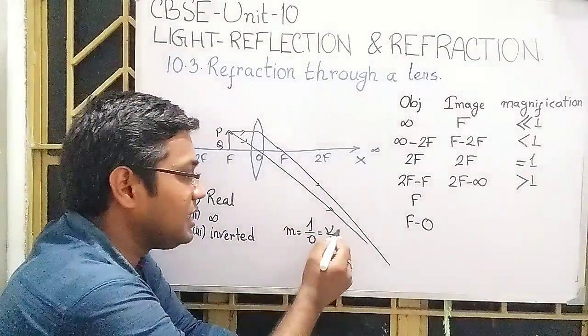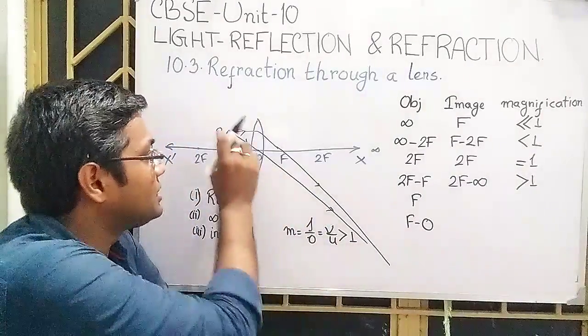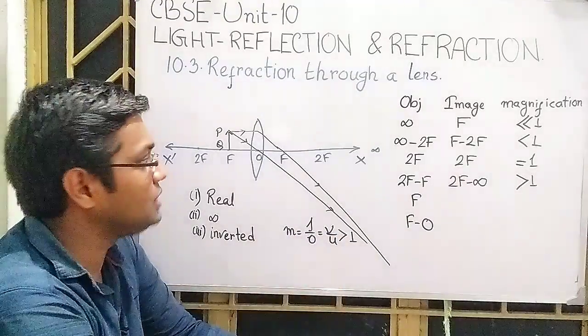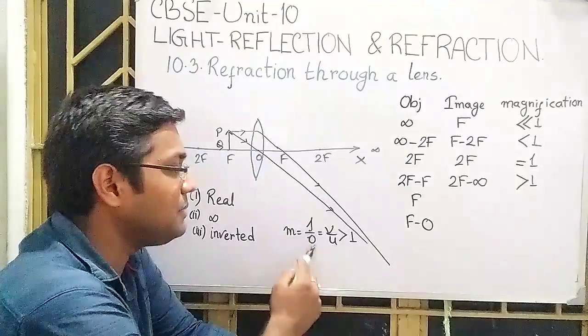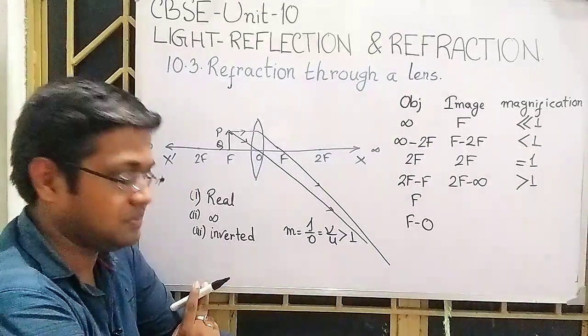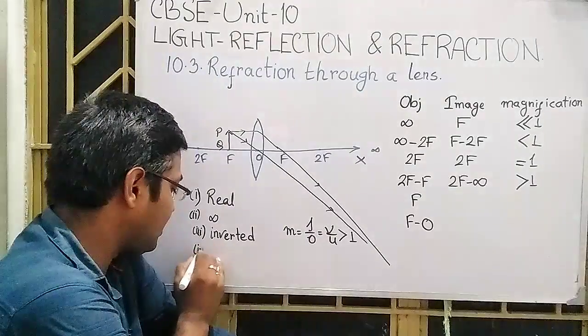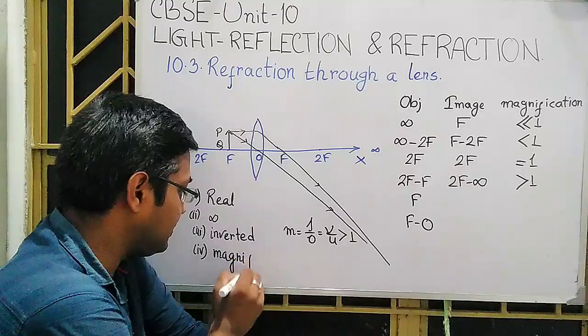So obviously it is greater than 1. Similarly, from the size of O and size of I, it is evident that I by O is greater than 1. So we can say the image that we have obtained here is magnified.